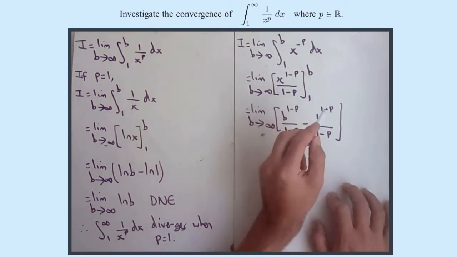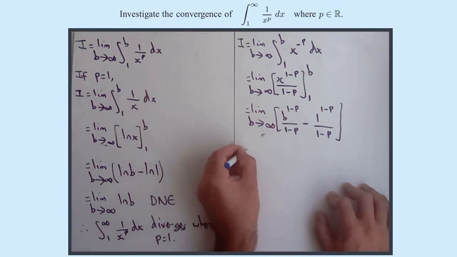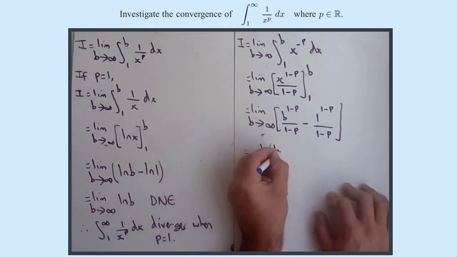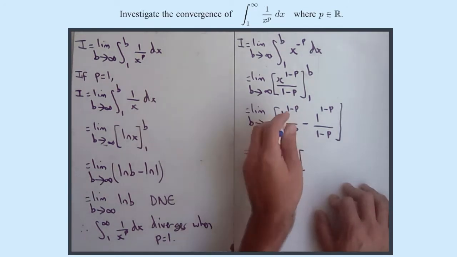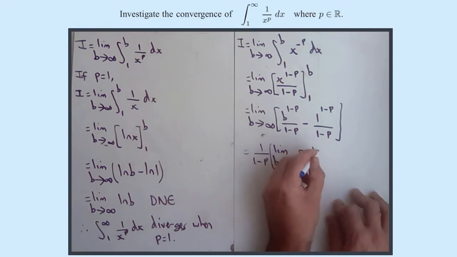Well, you're going to raise 1 to any power, it's going to remain 1. So this can now be 1 over 1 minus p times the limit as b approaches infinity of b to the power 1 minus p minus 1.